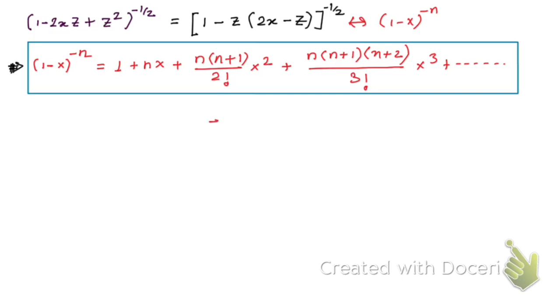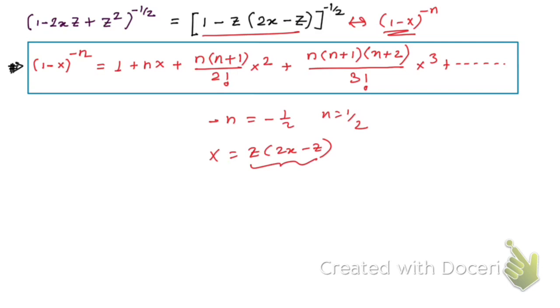So here minus n is minus half, that means n is equal to half. And if you compare this with this, then here we're going to consider x as z into twice x minus z. This should be considered as x.